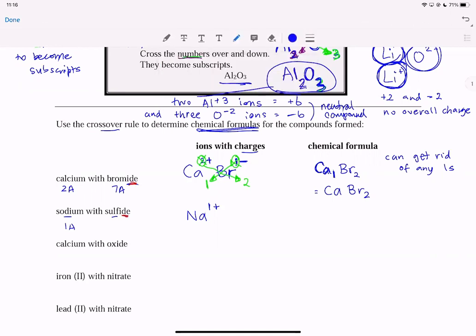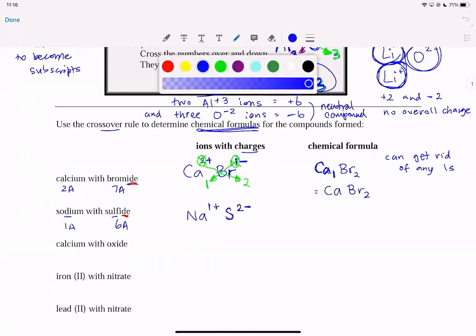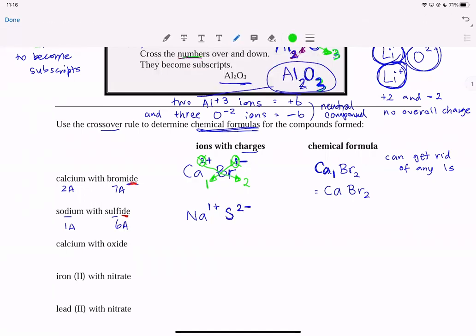So when you're looking for it, you're not going to find sulfide on the periodic table. You will find sulfur, which is in family 6A. That's sulfur, an S, and sulfur is in family 6A, and those form -2 or 2- ions. So it's the numbers that cross over and down. This 1 for this Na crosses over and down to become a subscript 1 outside of the sulfur.